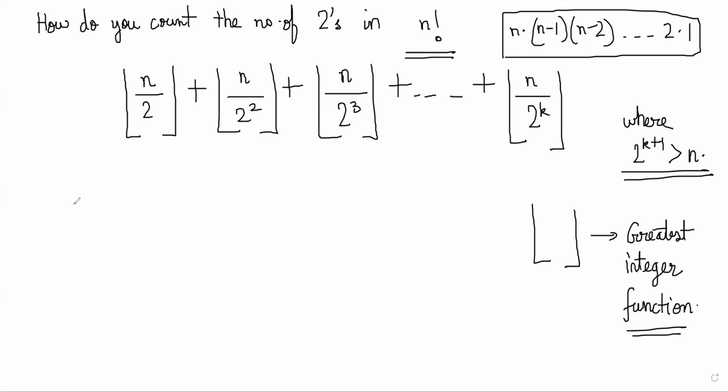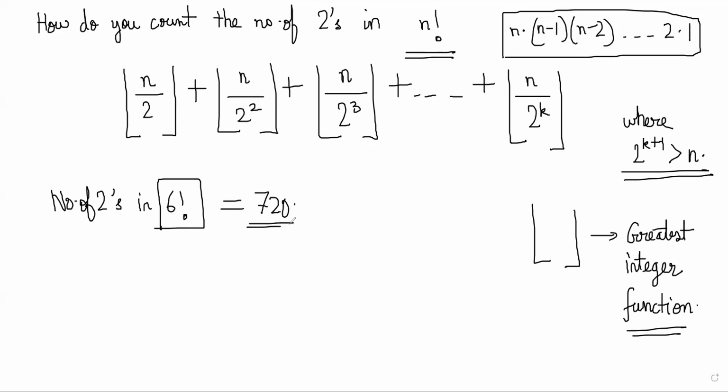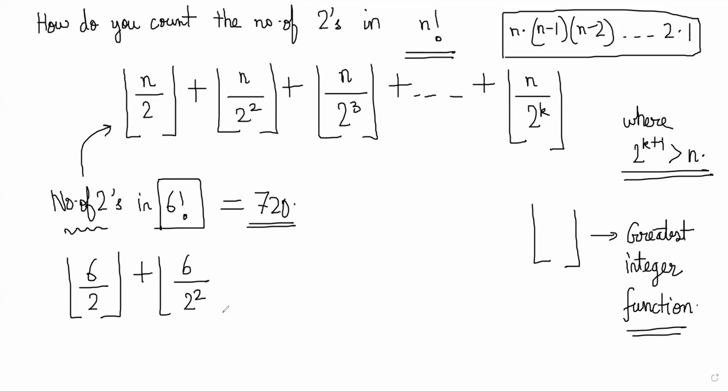Suppose I have to find the number of twos in 6 factorial. 6 factorial is 720, by the way. I can do it directly also, and I will check the formula here. So how to find the number of twos in 6 factorial? I will do GIF of 6 by 2 plus GIF of 6 by 2 square.